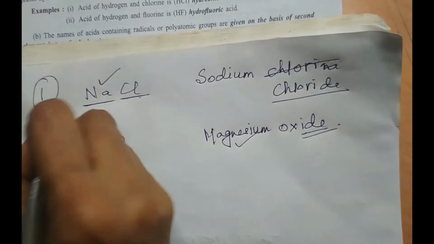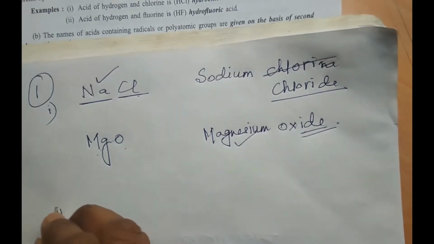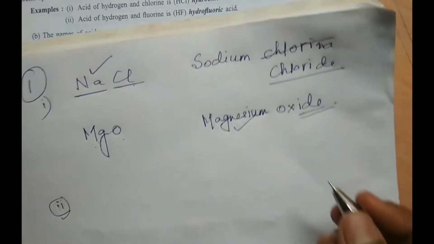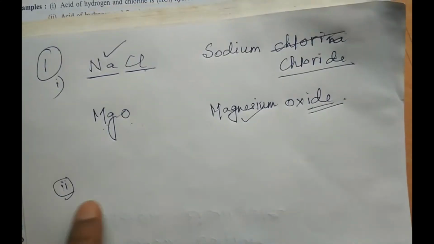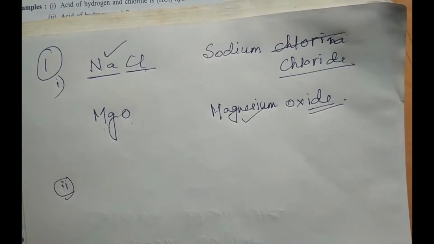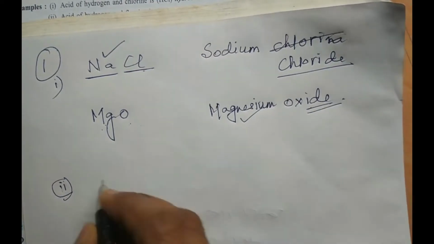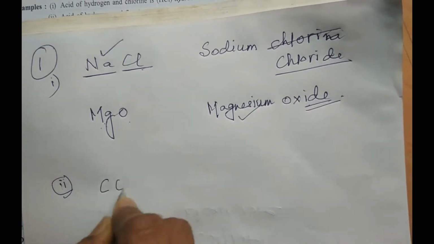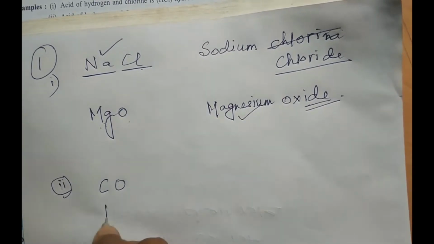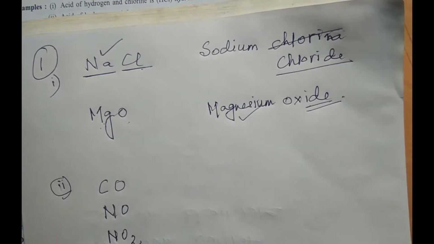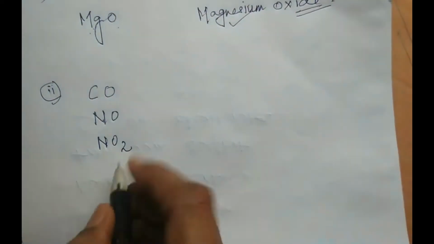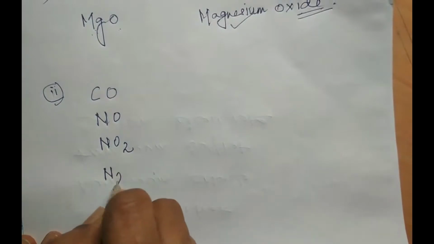Now the second type of binary compound is a compound which is formed by two elements, but both are non-metals. Suppose it is CO or NO, NO2, or N2O.